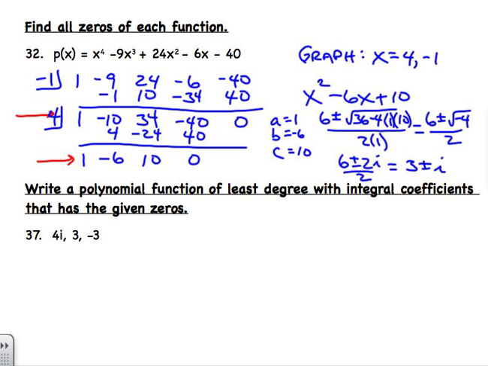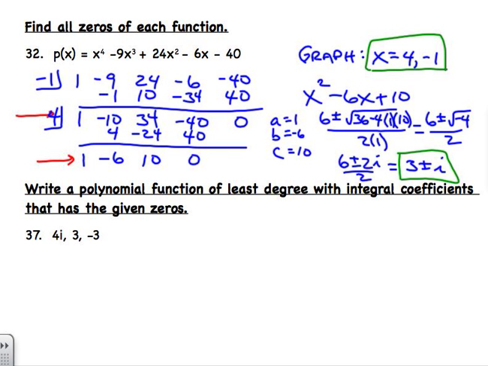Our original polynomial was x to the 4th. We found 2 answers by graphing, -4 and -1. We used those answers to depress the polynomial, and then we got our last 2, 3 plus or minus i. We wanted 4 answers. We have 4 answers. That means we are done.